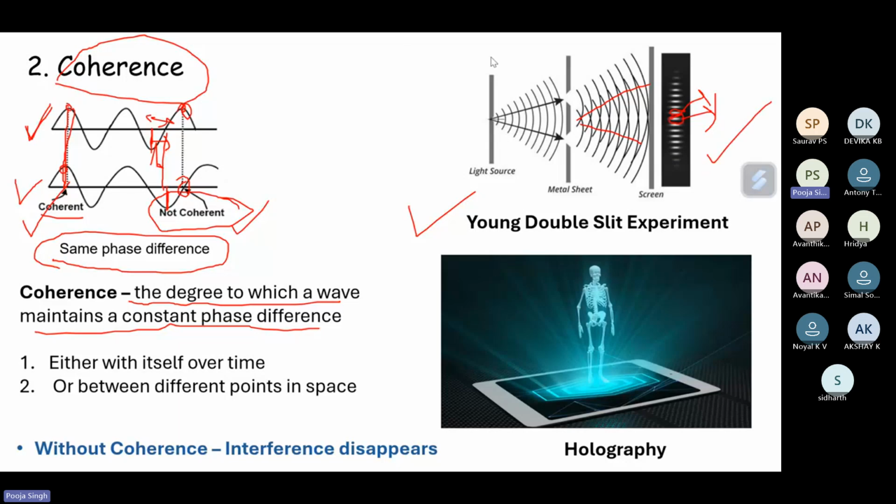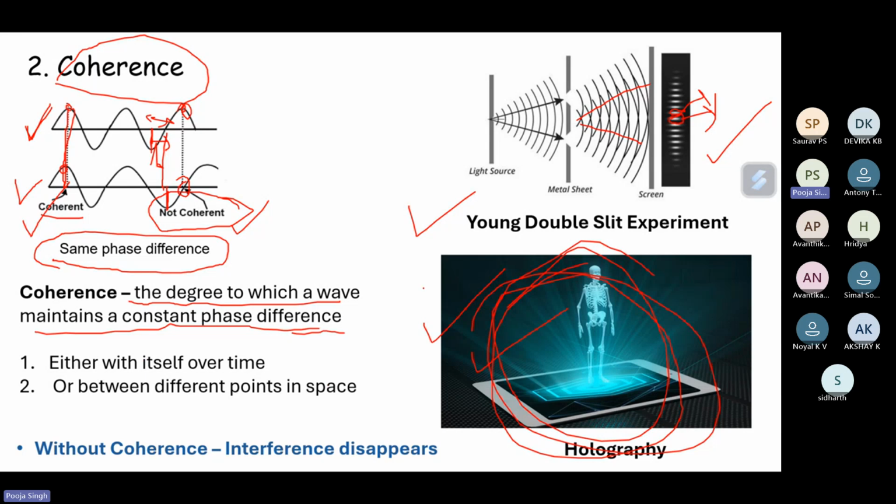If we talk about applications, we can use this in a holography experiment, which you may not have seen in real life, but you may have seen in movies, especially Hollywood and Marvel movies, where they use this holography method for medical purposes or for locating something.